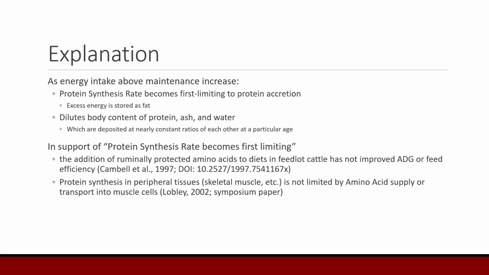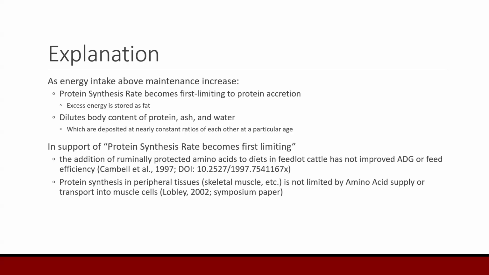Okay. So, explanation. As energy intake above maintenance increases, protein synthesis rate becomes first limiting to protein accretion. So the body has an upper threshold that it can use energy for protein accretion. So when energy intake gets above that, that excess energy above that maximum threshold just gets deposited as fat. Okay?